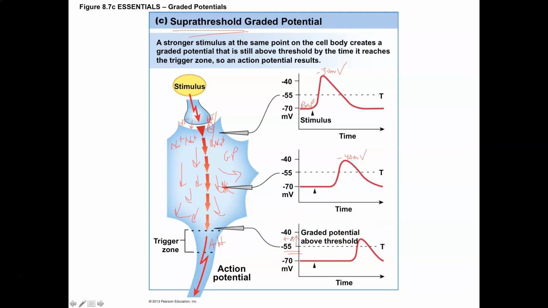Right, we're going in a positive direction. So we're at minus 50 here. And that's enough to open sodium voltage-gated channels. And if you can open sodium voltage-gated channels, you can let sodium into the axon. So this is a sodium voltage-gated channel. You can let sodium come into the axon, and now you can trigger an action potential.